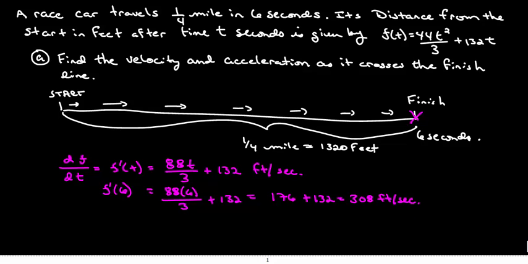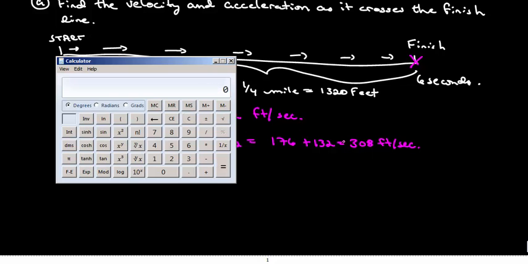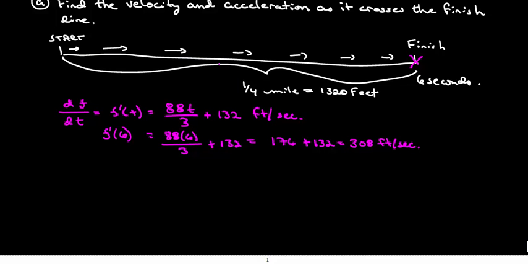It's just interesting to see how fast that actually is, because feet per second, who knows what feet per second is really like? Let's convert that into miles per hour. I'm just curious. Okay, so 308 feet in 1 second. We know there's 5,280 feet in 1 mile, and we want to convert that to hours.